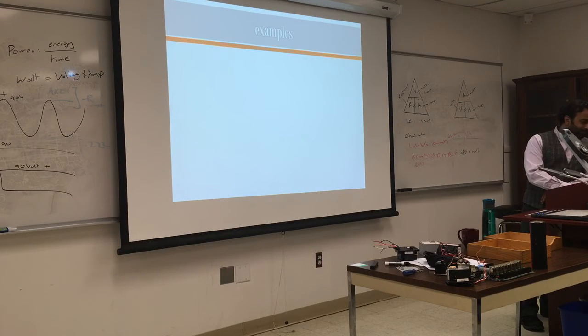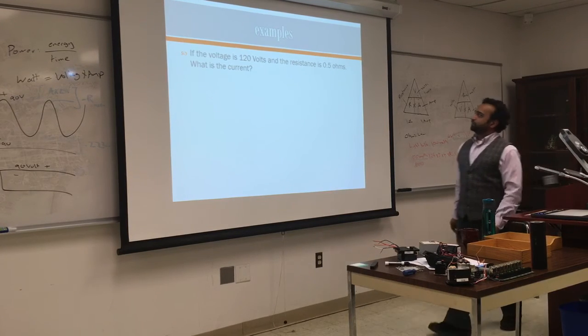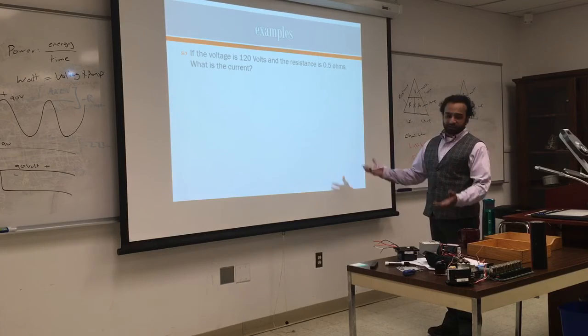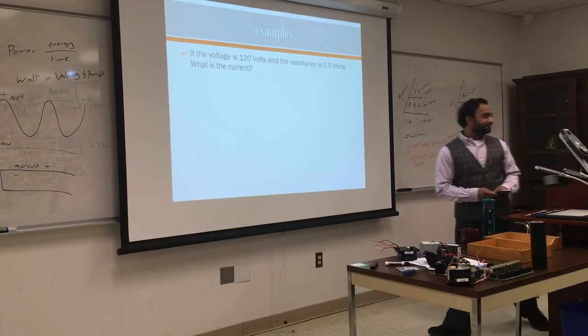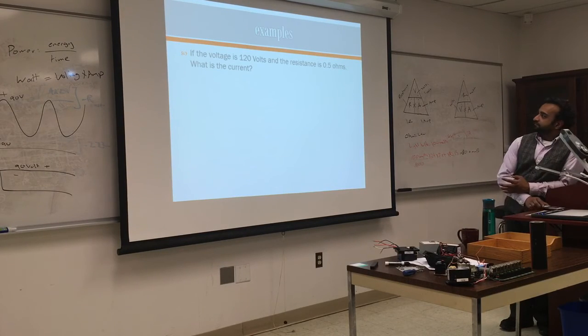Let's do a couple of examples. If the voltage is 120 volts and the resistance is 0.5 ohms, what is the current? What are we gonna do?